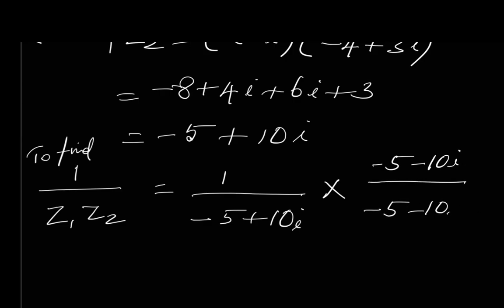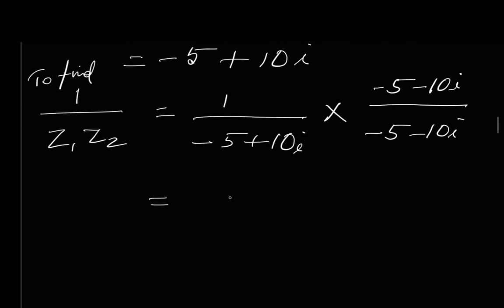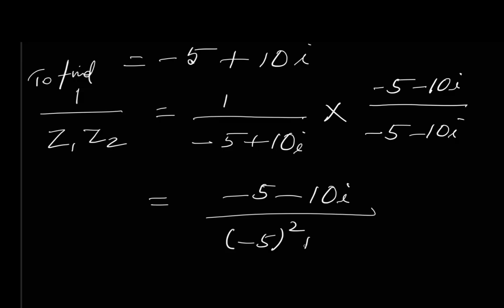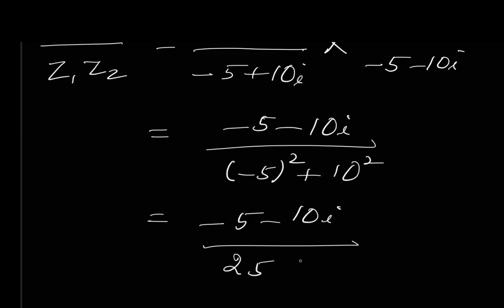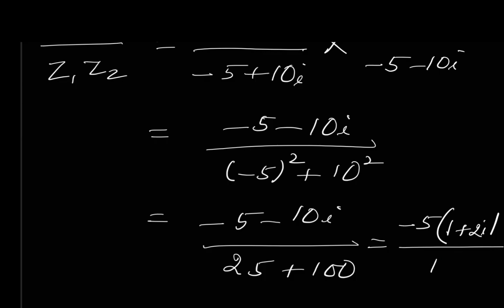Minus 5 minus 10i divided by minus 5 squared plus 10 squared, a square plus b squared. Minus 5 minus 10i divided by 25 plus 100. That is minus 5, you can take it as common. So 1 plus 2i, with minus 5 taken outside, divided by 125.